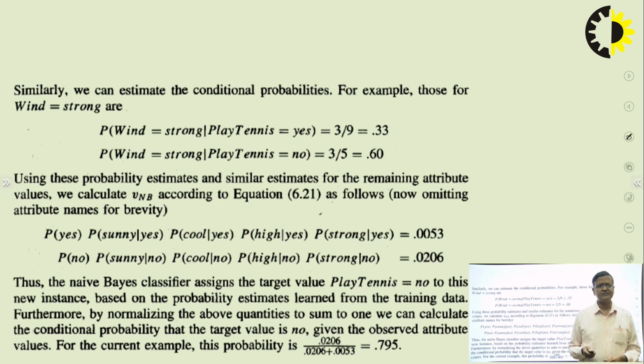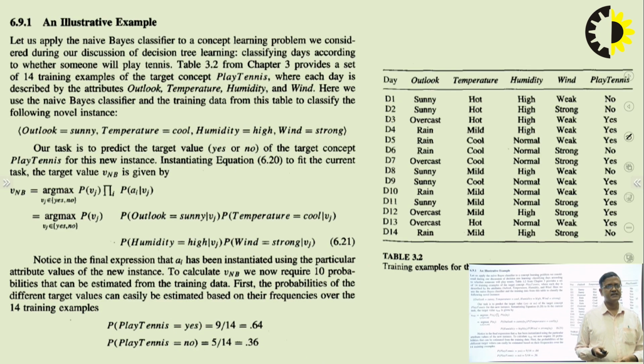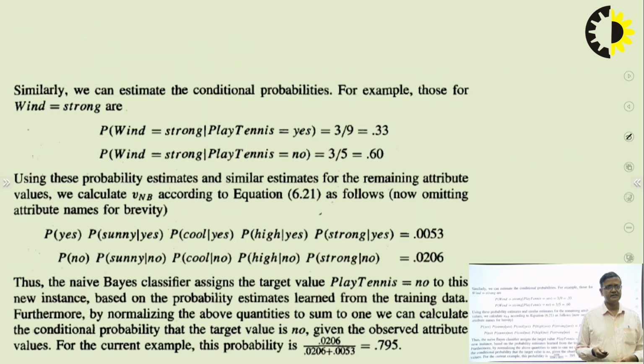Similarly, we can calculate the remaining 6 probabilities for the other attributes, where the weather is sunny, the temperature is cool, the humidity is high, and the wind is strong.